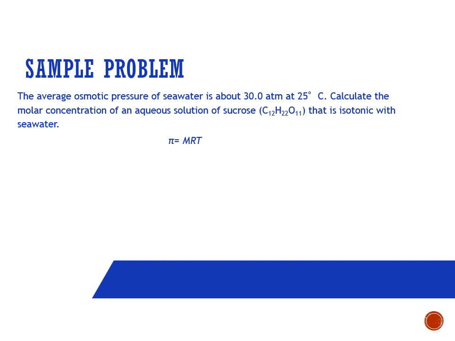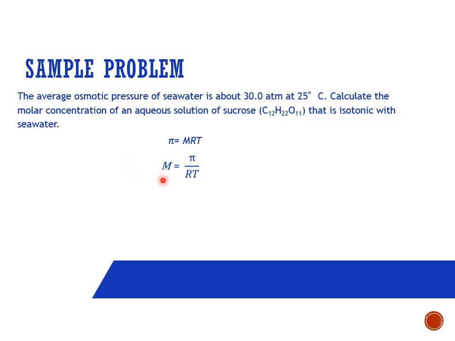So, we know that pi is equal to MRT, or the osmotic pressure is equal to the molar concentration times the gas constant times the temperature. But since ang hinahanap is the molar concentration, given yung osmotic pressure, R, which is gas constant, and temperature, ang hinahanap is yung molar concentration.